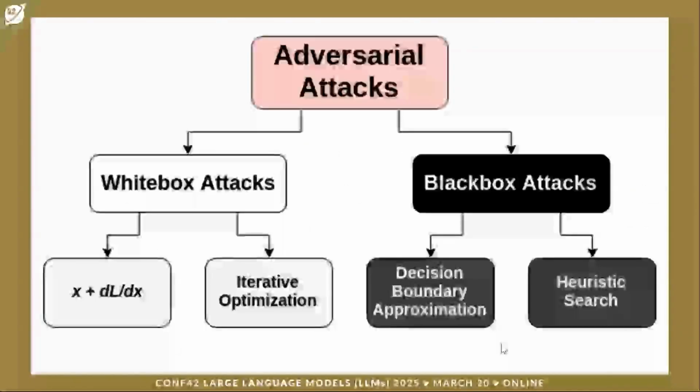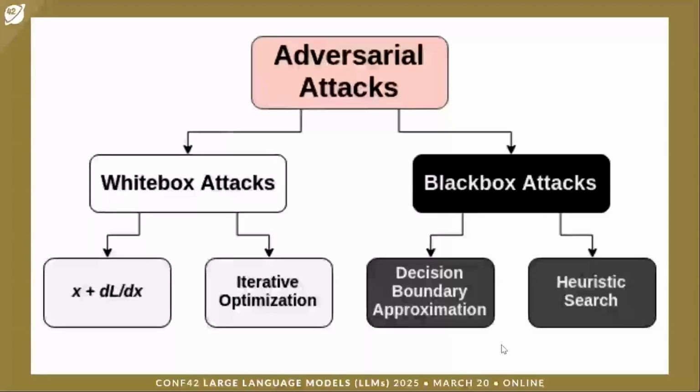We can classify them into two types, white box and black box. White box attacks assume the attacker has full knowledge of the model, including its architecture, parameters, and training data. The attacker uses the information to generate adversarial samples that are most likely to deceive the model. And on the other side, we have black box attacks.